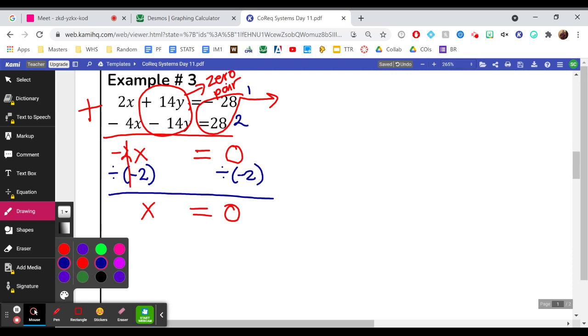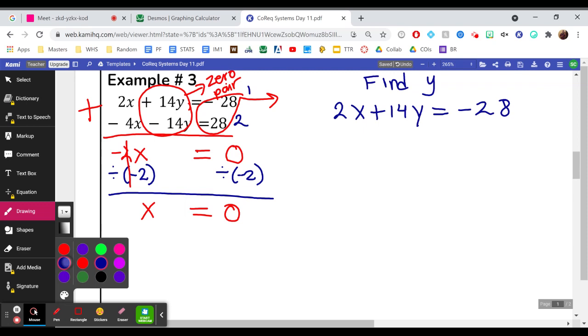Now I'm going to find the missing variable, which is y. I need to find the value of y. I'm going to use the first equation. So the first equation is 2x plus 14y is equal to negative 28.